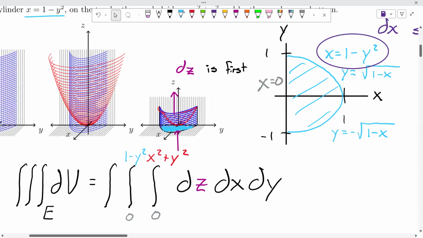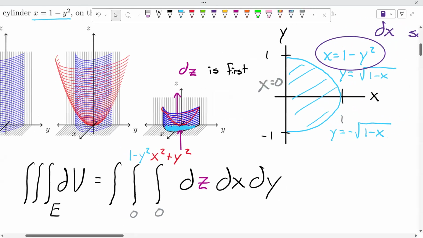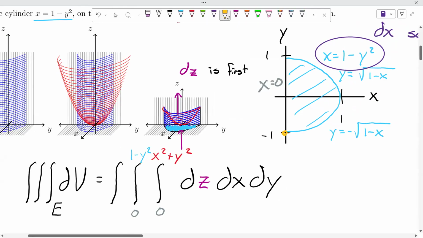We need bounds for y, a bottom and a top, which if I go take a look at them, I'm going from -1 up to +1. I just need the intersection of that blue paraboloid with the y-axis.